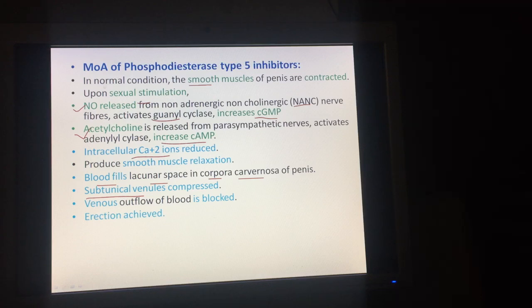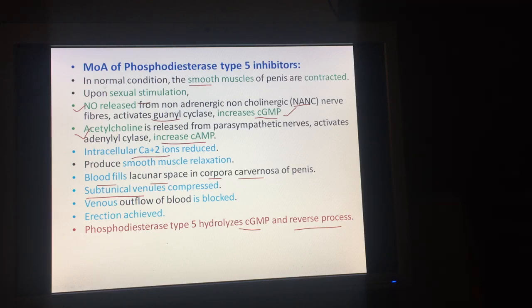Now phosphodiesterase type 5 hydrolyzes this cyclic GMP and reverses the process.